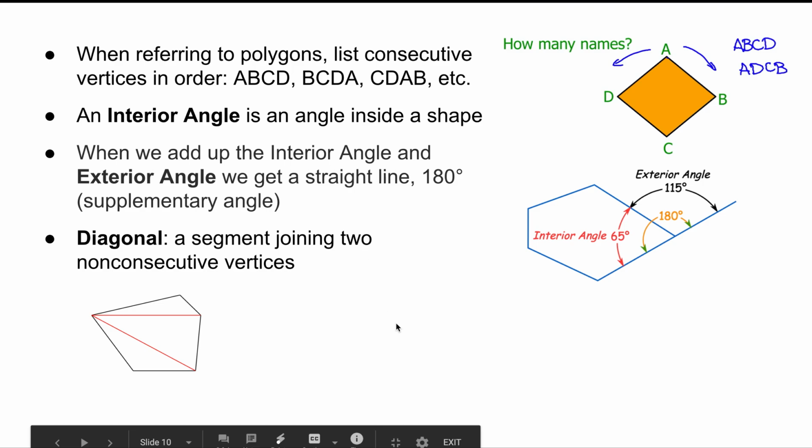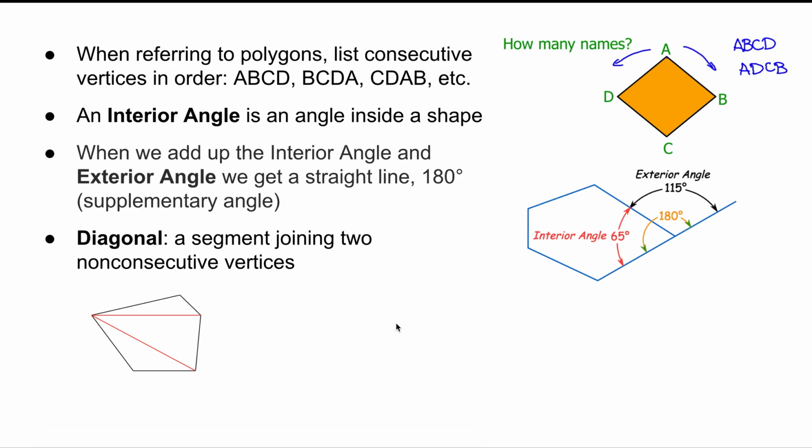When referring to polygons, you need to list the consecutive vertices in order. So for example, we call this quadrilateral ABCD or ADCB. You're not going to name this as ACDB. You need to go in order, in one direction, counterclockwise or clockwise.